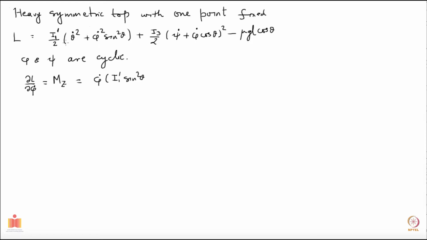The 2 cancels with this 2 here, plus I3 cos square theta. Okay, that's from the squared term, and then from the cross term we get psi dot I3 cos of theta. Okay, that's, let's say, our equation 1.